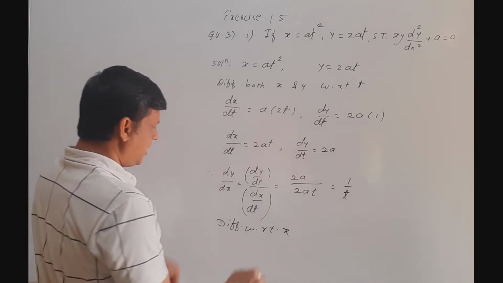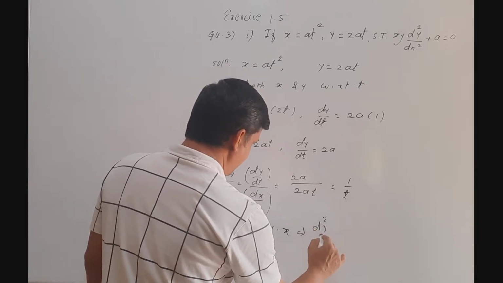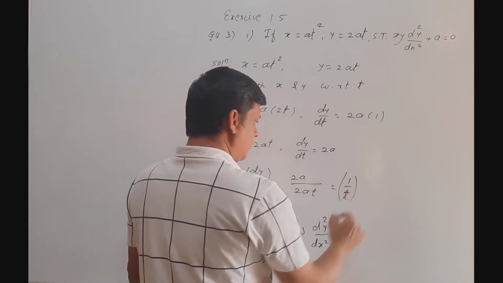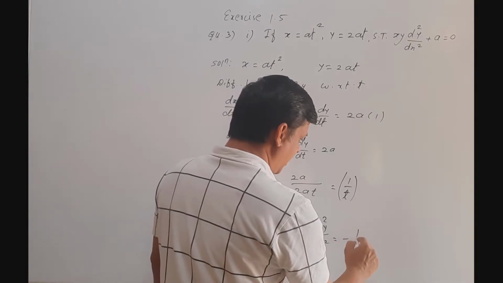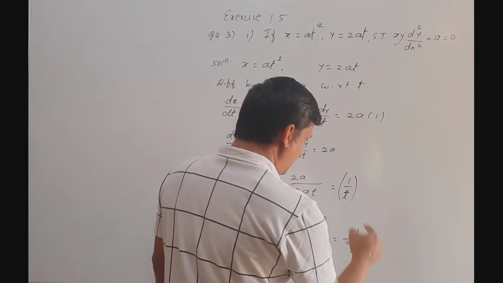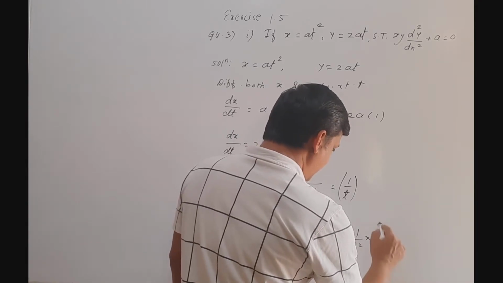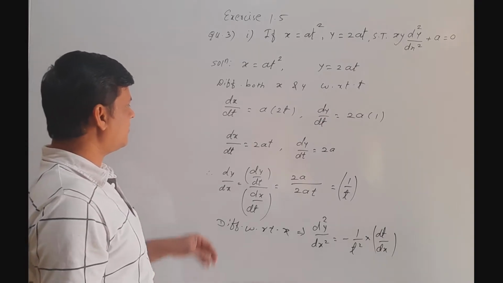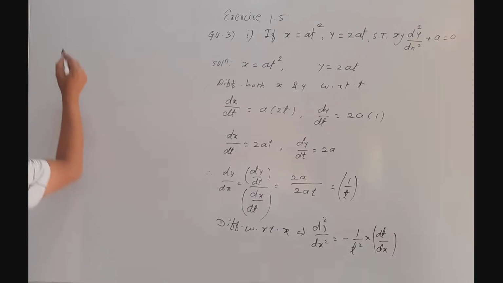Now derivative of dy by dx, we write here d2y by dx2, derivative of 1 by t. So we treat 1 by t as 1 by x. So its derivative we write minus 1 upon t square. Then derivative of t with respect to x, we write dt by dx. Now substitute the value of dt by dx from this dx by dt as 1 upon 2at.